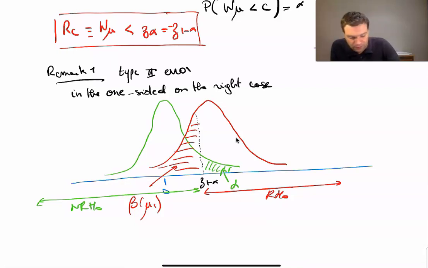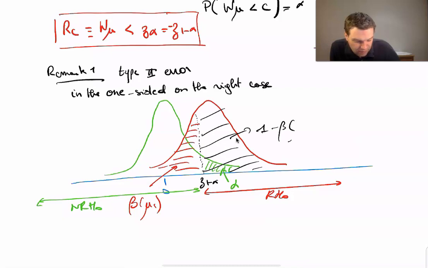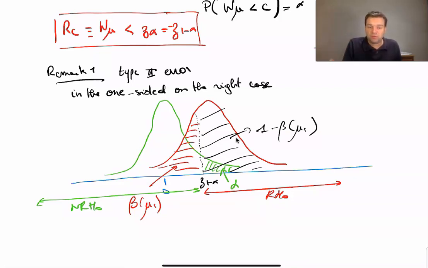And the power of the test, put it in black, this is 1 minus beta of mu1. This is a power which can be computed for a given value of the mean under the alternative hypothesis. And only in this case. This is a necessary condition to compute this power function.